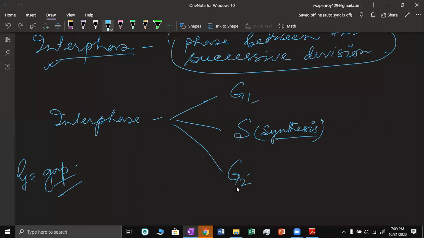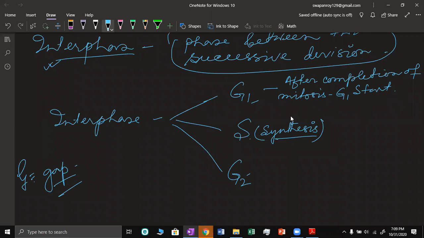Here, gap 1 is the phase immediately after completion of mitosis, that is, the actual cell division. G1 starts.